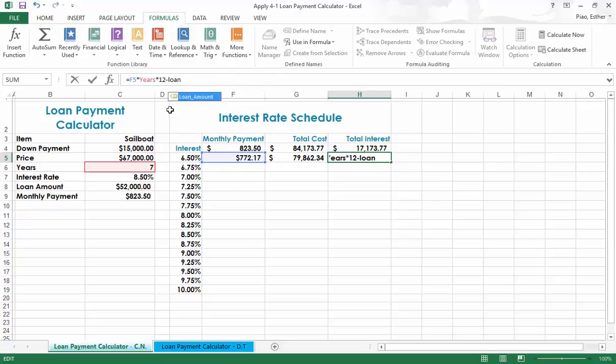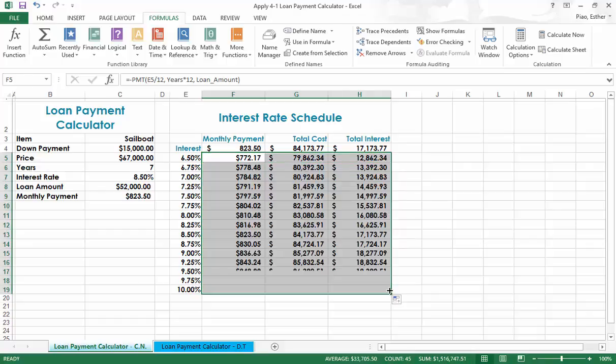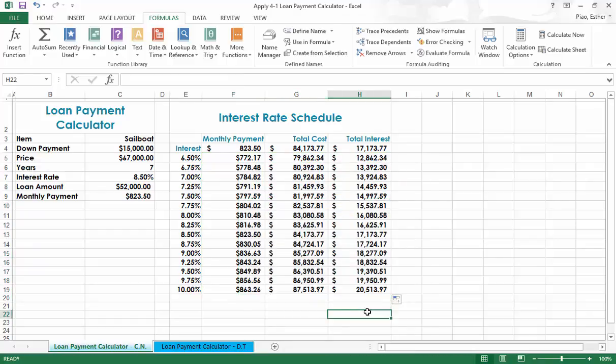I'm sorry, loan amount. In doing so, I think we're just one step away from the completed version of this particular part of the assignment, which is using the cell naming technique.